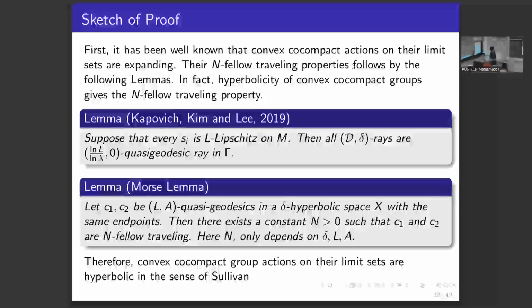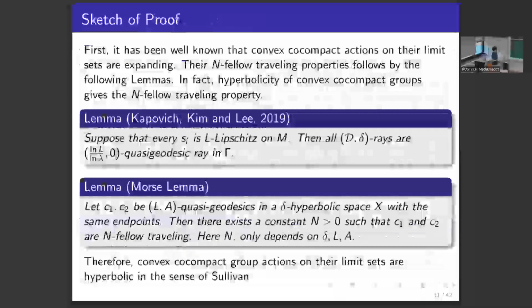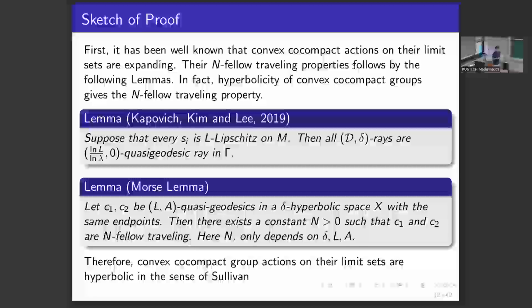So by using the Morse lemma, because the convex co-compact group is delta hyperbolic, you can easily prove the fellow traveling property of the convex co-compact group action. The expanding property is trivial, so you can easily see that the convex co-compact group actions on their limit sets are expanding, and by the Morse lemma, the fellow traveling property follows. Okay, so this is the proof of Sullivan for the convex co-compact group action to be a hyperbolic action.